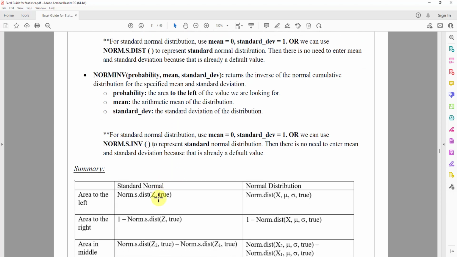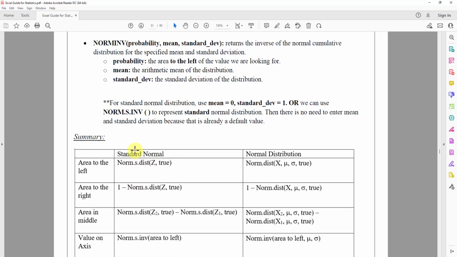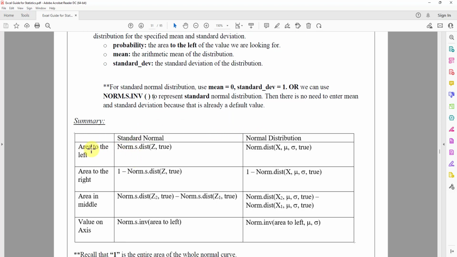Okay, so in summary, we have the standard normal and the normal distribution. To find the area to the left, we just use the NORM.S.DIST if we are looking at the standard normal.